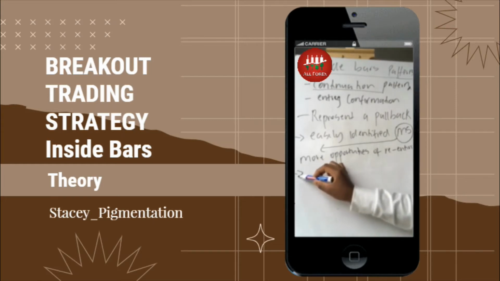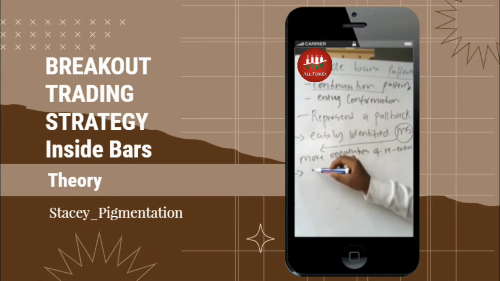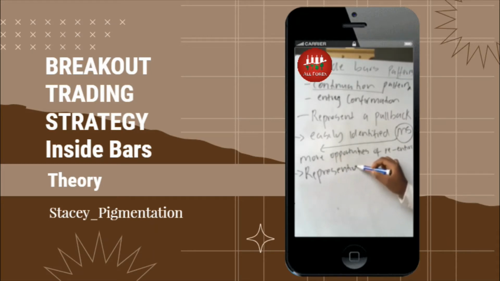So inside bars can also represent the beginning of consolidation. Consolidation phase, I've already shown you, is when the strength of buyers is slightly equal to the strength of sellers. So it makes the market chop, it makes the market slow down.